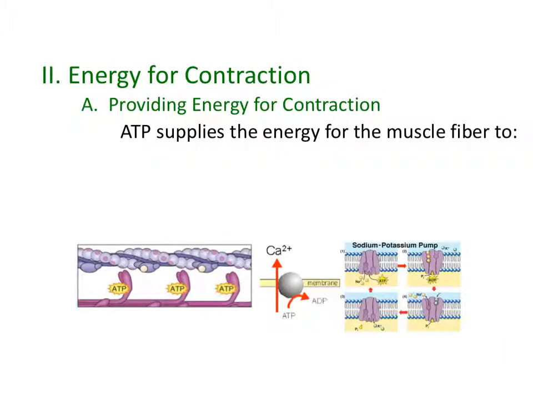To remind you, and hopefully you've now answered these questions, the 3 steps that require ATP are to cock the myosin head and also detach actin from myosin.